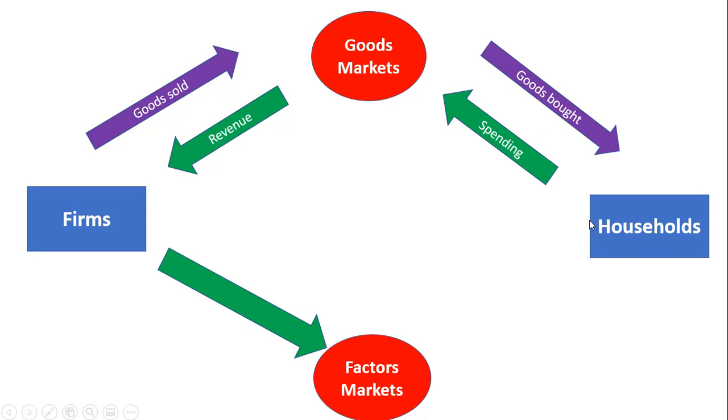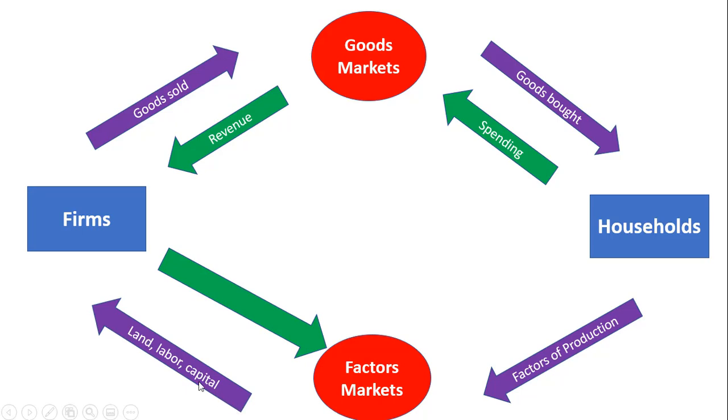In the bottom side of the diagram, where households and firms interact in factors markets, households are supplying the factors of production, the land, labor, and capital, and I didn't put in here the entrepreneur. So remember here, all firms are owned by households. So the entrepreneur is coming from a household.